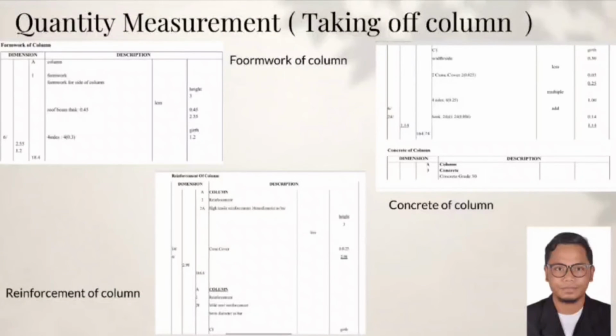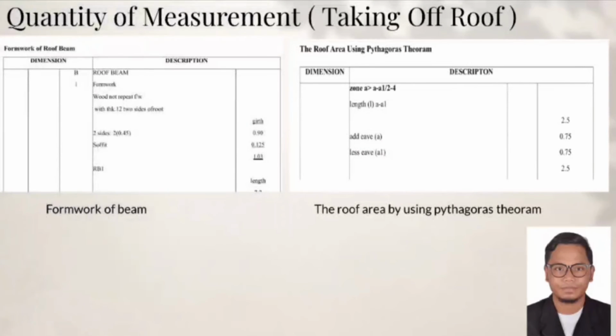For the quantity measurement taking off of the column, we also already did the calculation, which is first formwork of column, second reinforcement of column, third concrete of column.